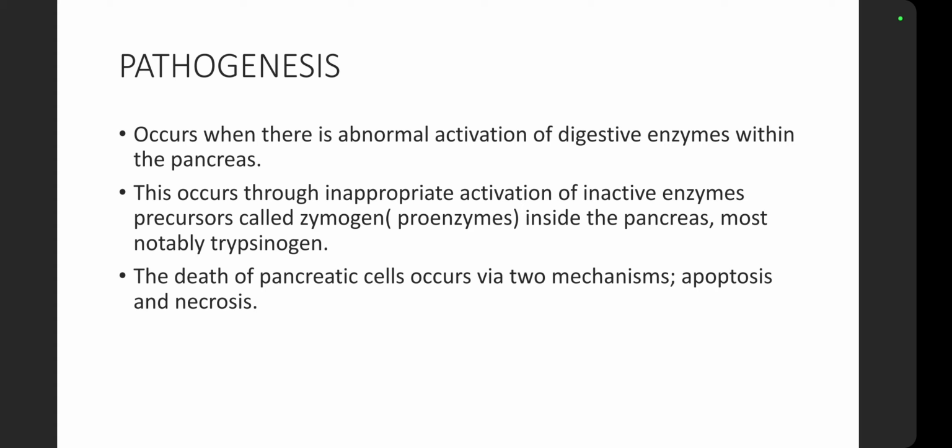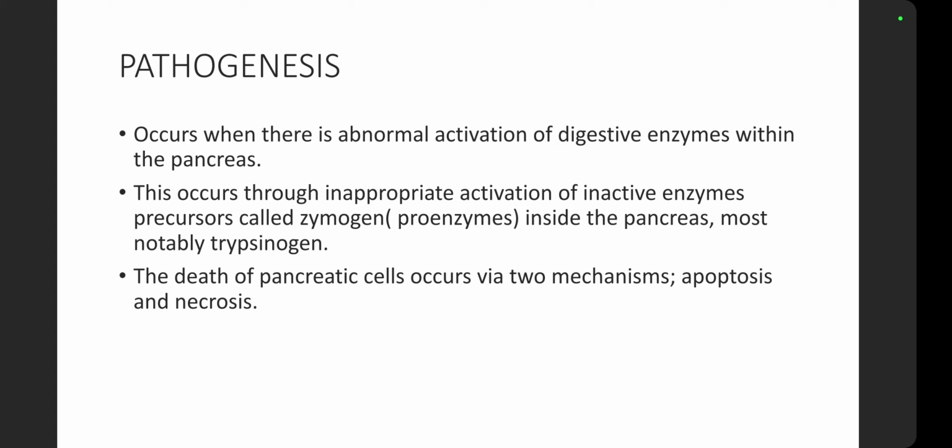So when they are activated within the pancreas, they start digesting the pancreas, thereby destroying it. This occurs through inappropriate activation of inactive enzyme precursors called zymogens. These zymogens are proenzymes inside the pancreas. The most notable proenzyme is trypsinogen.